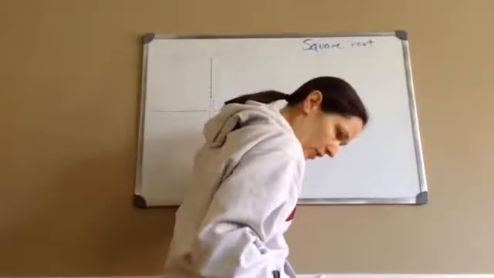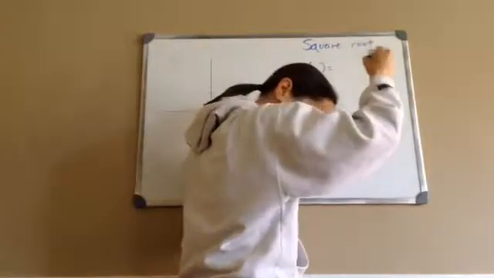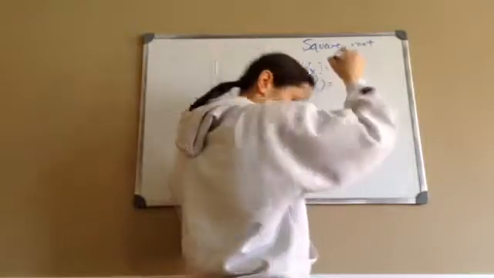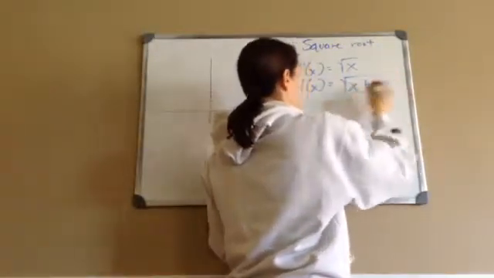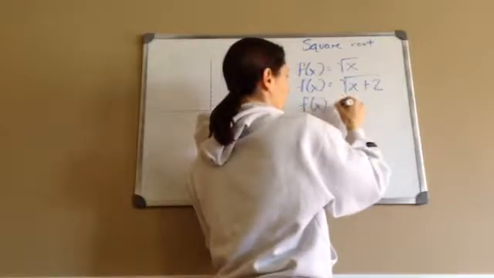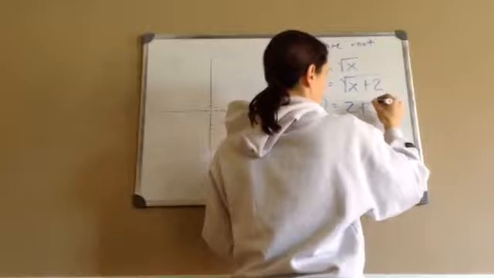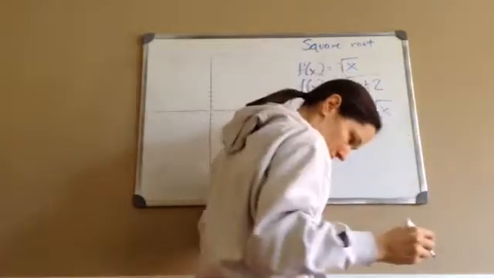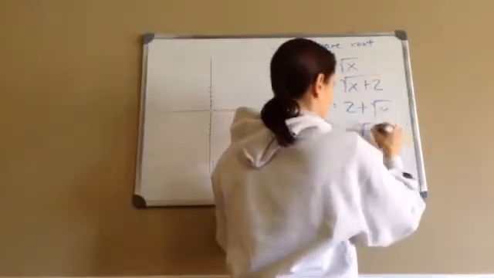And the square root functions are things like this. F of x equals square root of x. F of x equals square root of x plus 2. F of x equals 2 plus square root of x. And f of x equals negative square root of x.